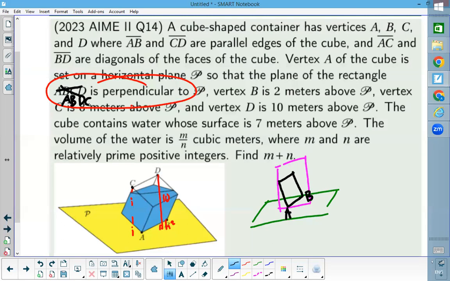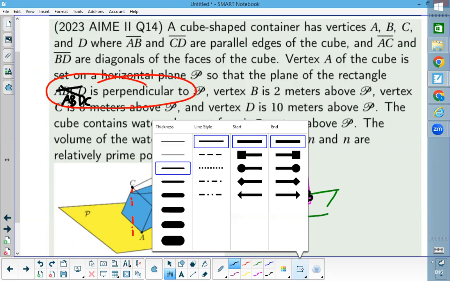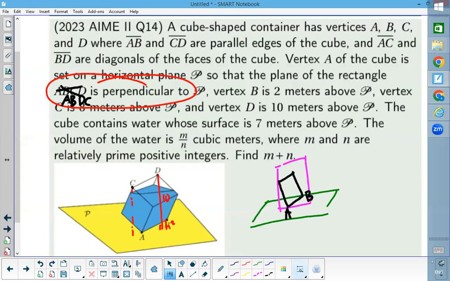You have AC and BD as face diagonals. So the drawing is correct, it's just that it should be ABDC. I just grabbed the prompt and copy-pasted it, so probably there's a typo in the prompt.